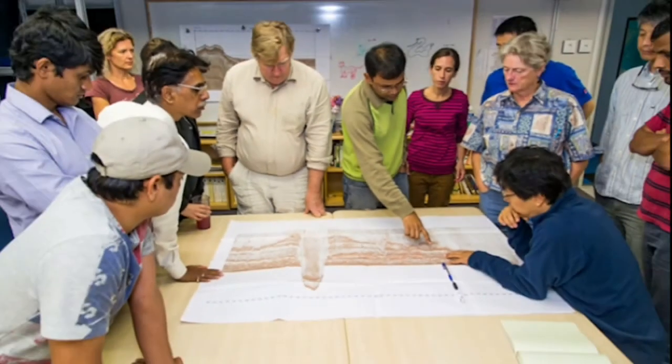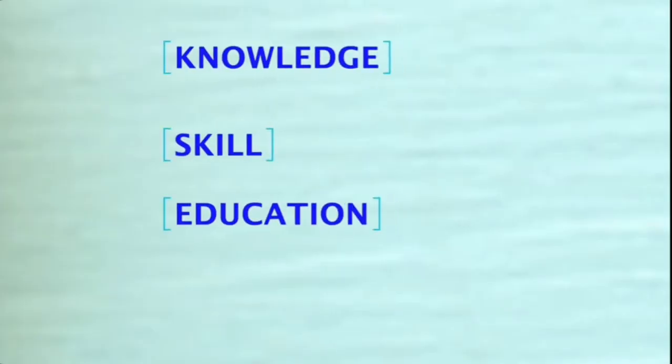They are discussing that it is possible because of knowledge, skill and education that we were able to find a solution. That's why human resource is a precious resource where we make impossible things possible.